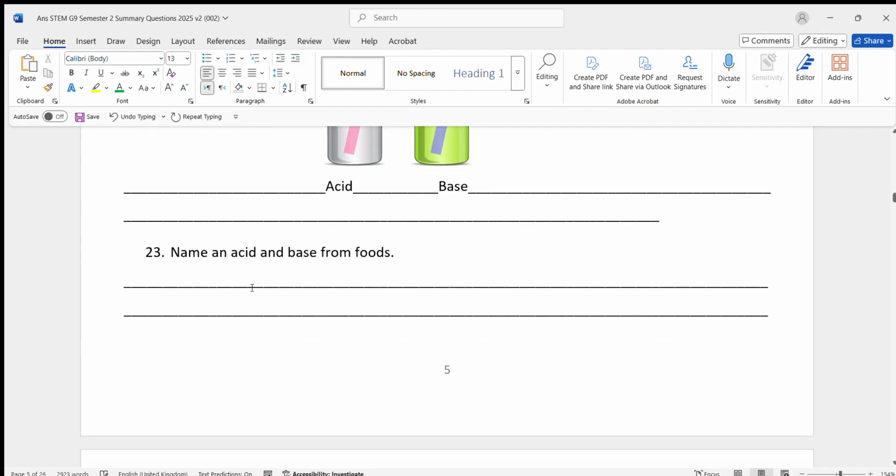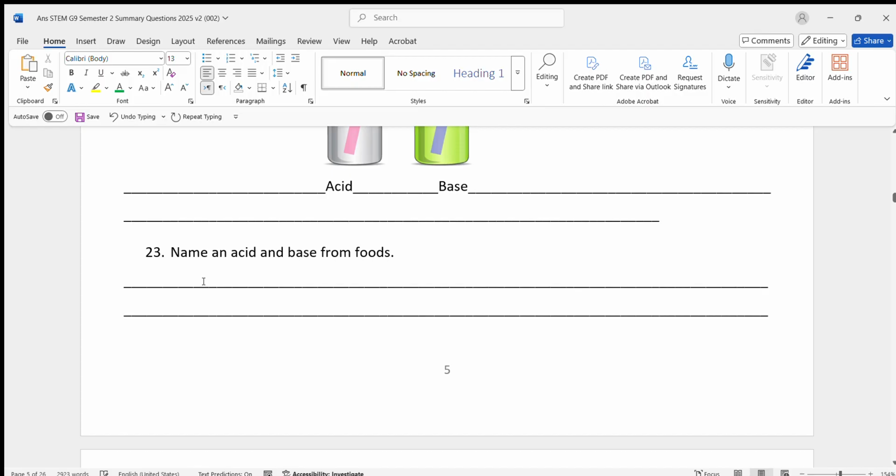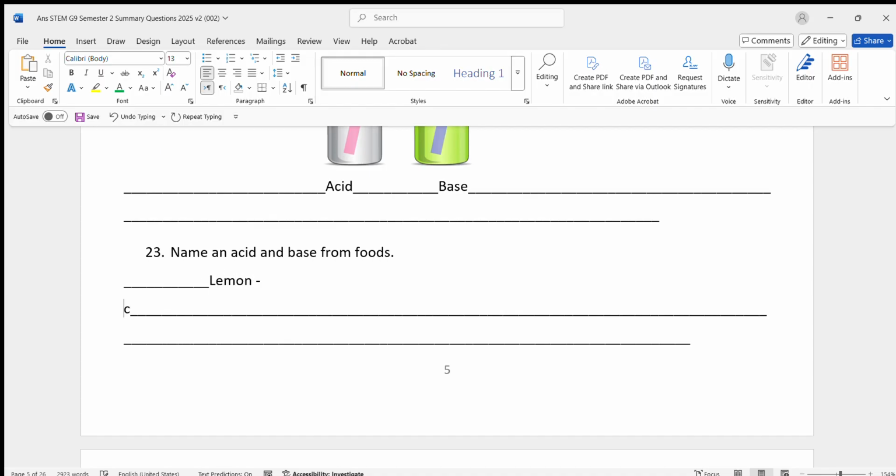Name an acid and a base from food. You can take lemon, which contains citric acid. That's the acid. And if we talk about a base, we can say baking soda. That's a very good example.